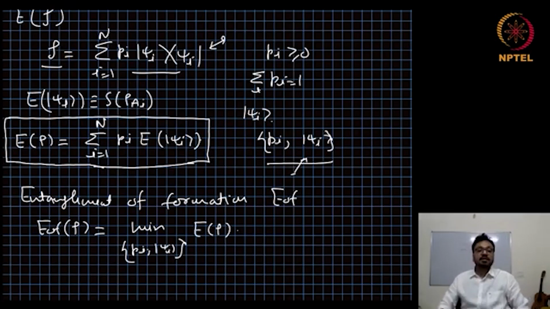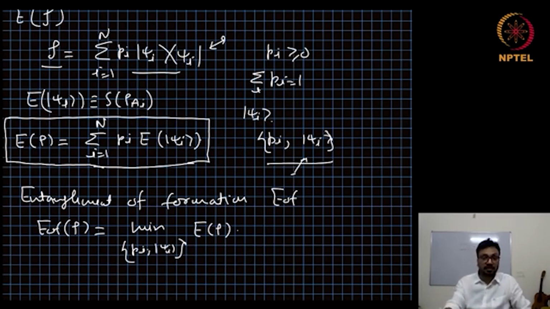That is, if we try all the possible preparation schemes for a given density matrix rho, and then we find the average entanglement of preparation, or entanglement cost, in each of those preparation schemes, then we minimize over those schemes. That minimum average entanglement will be the entanglement of formation. It means we cannot prepare the state rho using lower entanglement than the entanglement of formation.